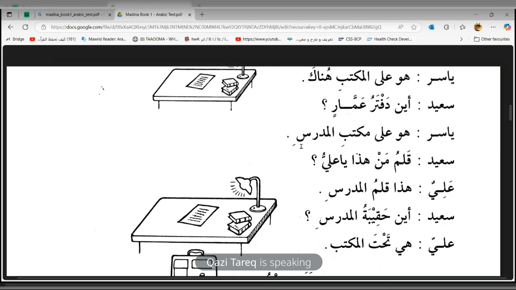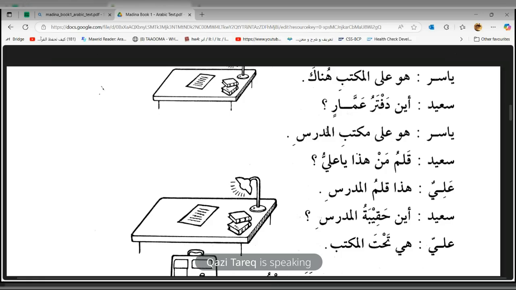So the ba and lam are being connected with the sukun. مكتب المدرس. Whenever you're connecting, the alif falls off, so you don't say the alif.